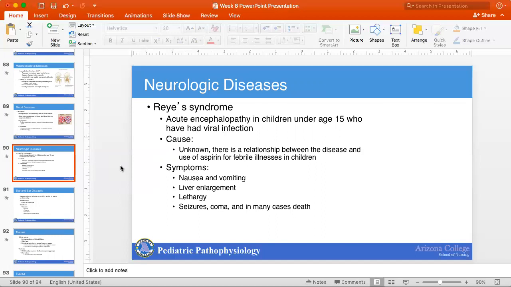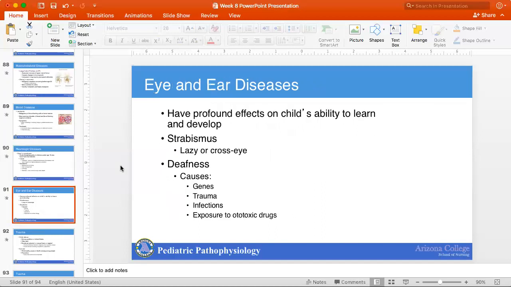Symptoms would be nausea, vomiting, liver enlargement, lethargy, seizures, coma, and in many cases, death. Eye and ear diseases have profound effects on children's ability to learn and develop. Strabismus is a lazy or cross eye. Causes of deafness could be genes, trauma, infections, and exposure to ototoxic drugs.